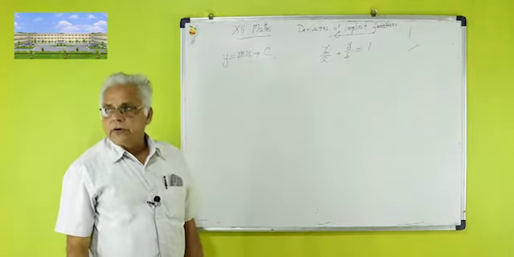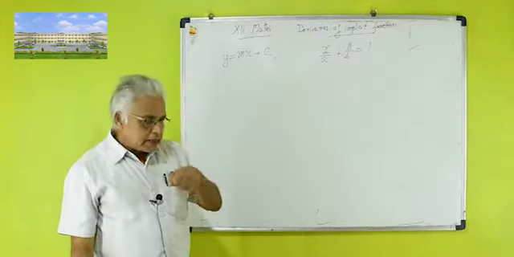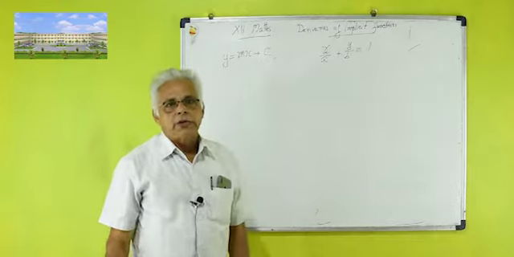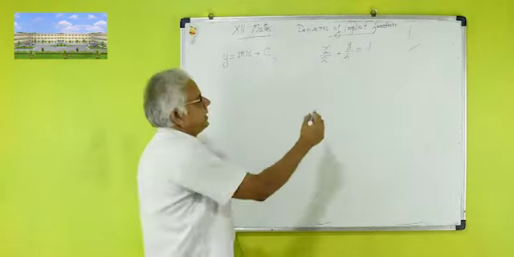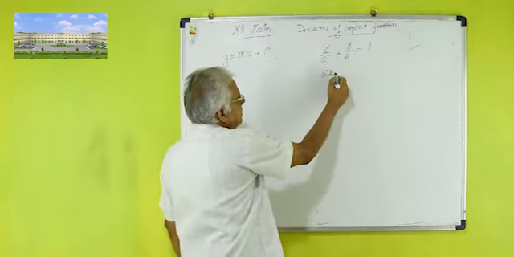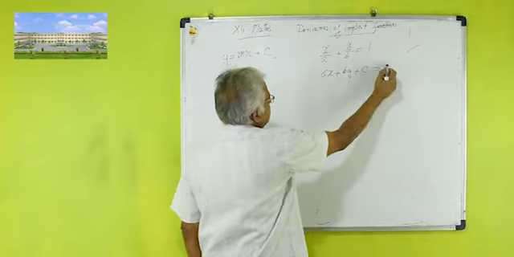The general equation of a straight line is ax plus by plus c is equal to 0.